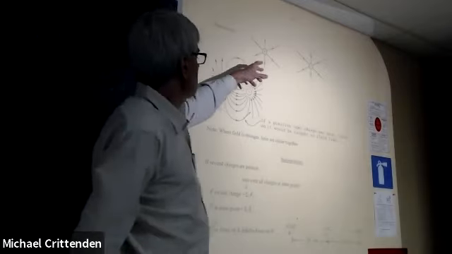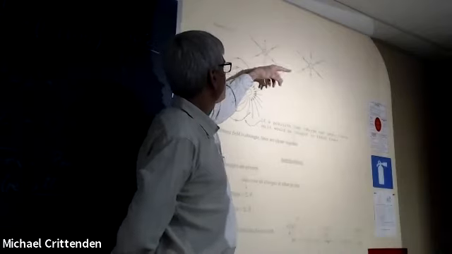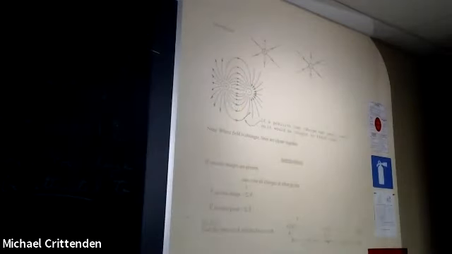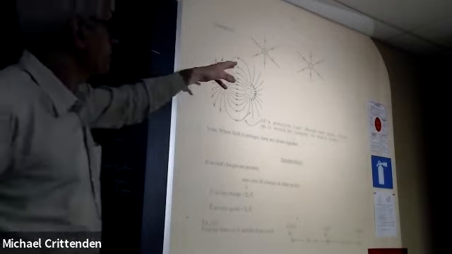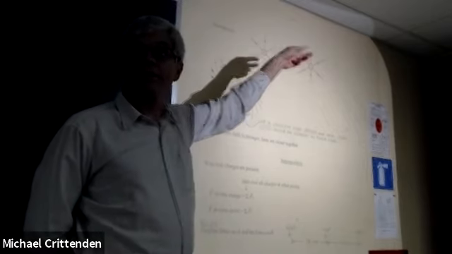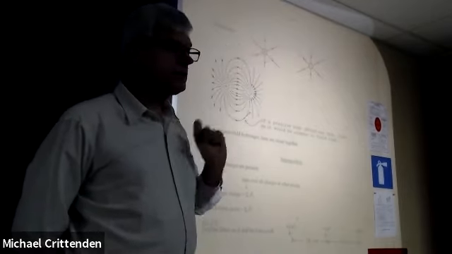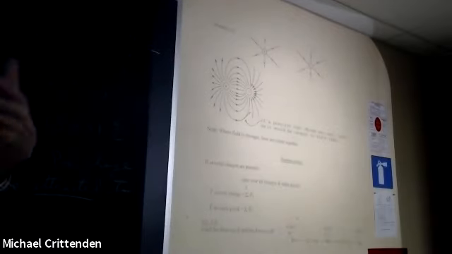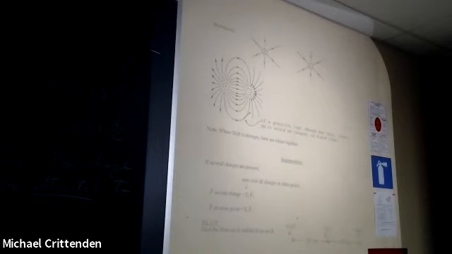Like around a charged sphere like this, the field drops off in proportion to 1 over r squared. So in other words, the farther away you get, the weaker the field is. Now you look at the picture, the farther away you get, the farther apart the field lines are. So the density of field lines shows you the strength of the field. And of course, the direction they point shows you the direction.